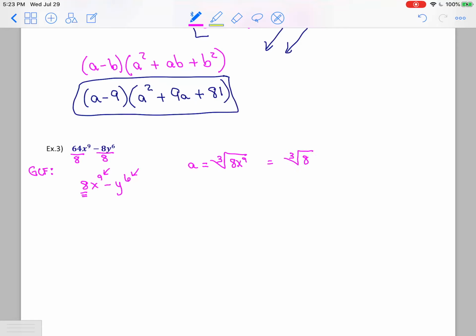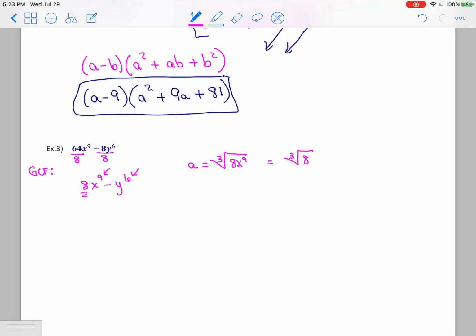A is equal to 2x cubed, and our b is going to be equal to the cube root of y to the 6th. All right, well, we can do the same thing. Let's just take that little 6 and divide it by 3, which of course is going to give us a 2. So we know that that is going to be y squared, because y squared times y squared times y squared, when we add those exponents, is going to give us y to the 6th.